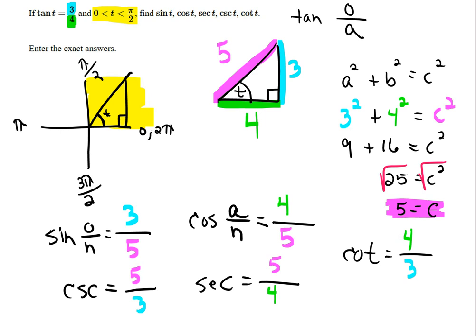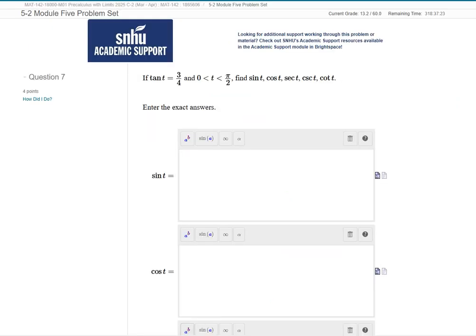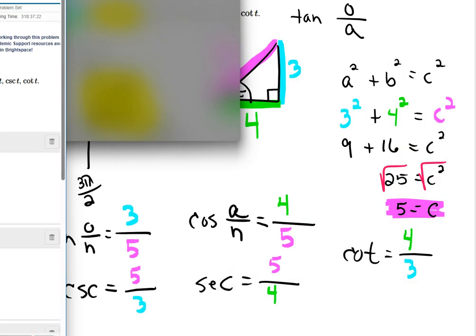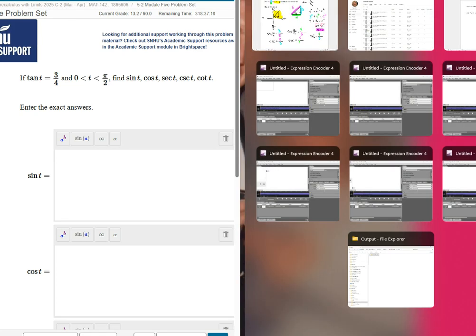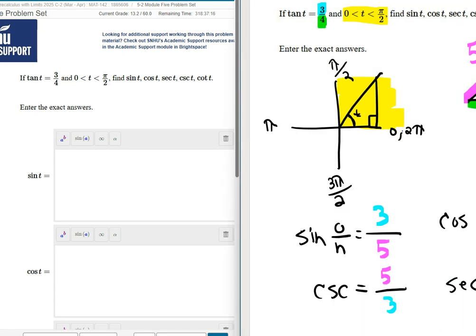So when I go back, whatever order the system presents them to me, what do they have here? I'm going to do a split screen to make this easier on myself. Okay, we have sine first. That is 3 over 5.